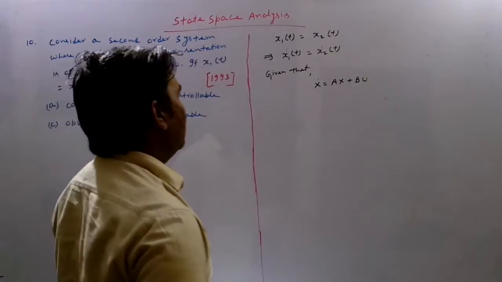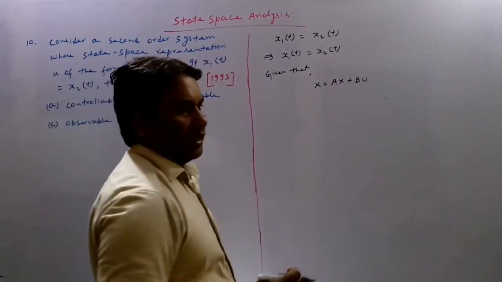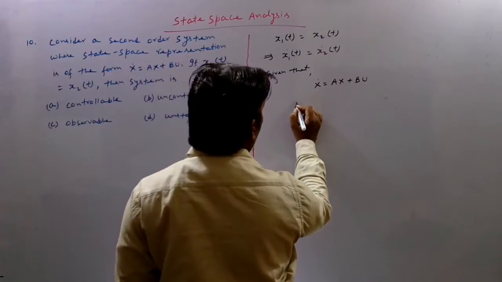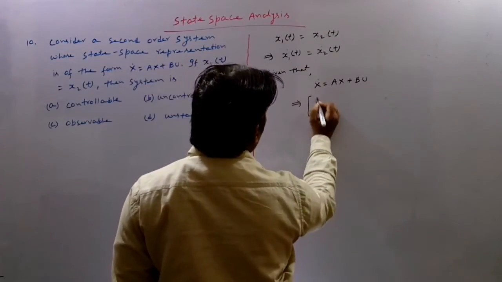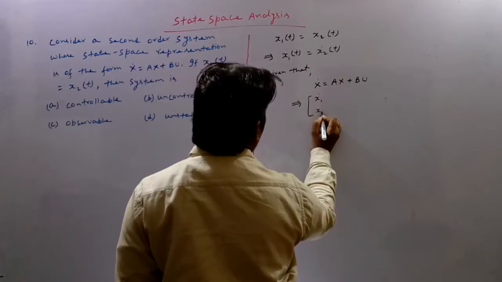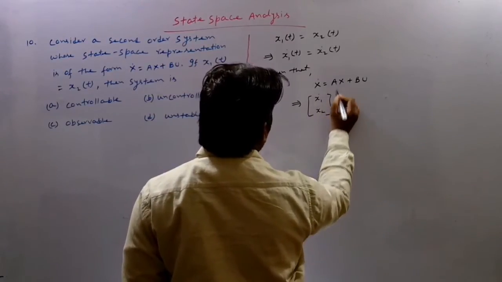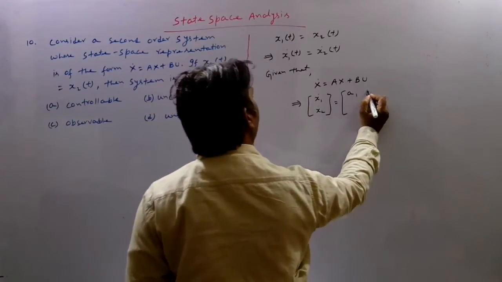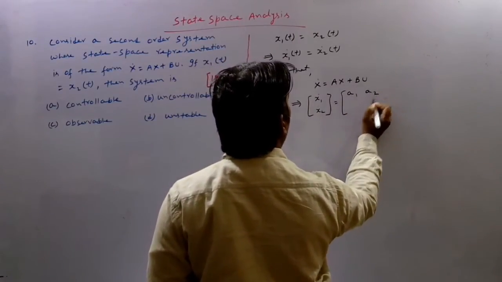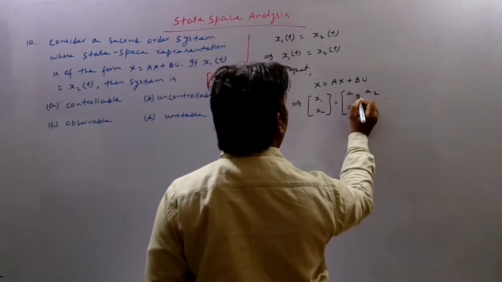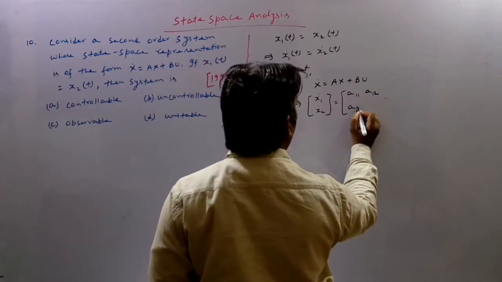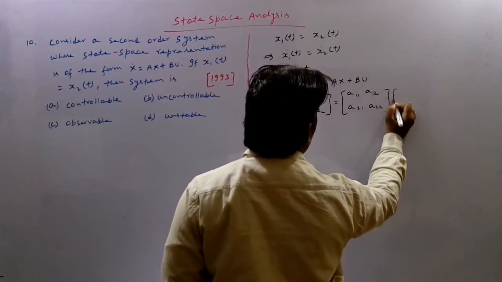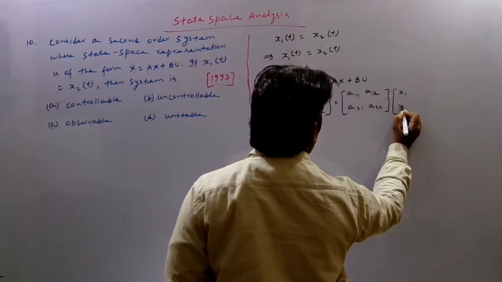Now suppose we consider system matrix A, we can write here x1 dot and x2 dot, and system matrix A as a11 a12 a21 a22, times x1 x2.